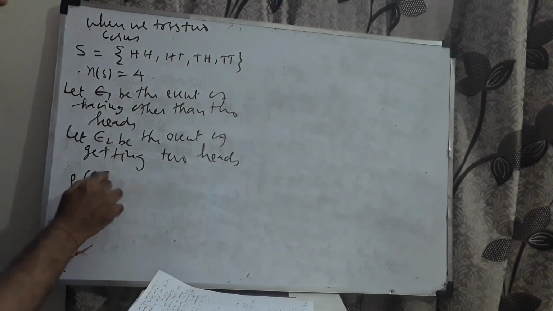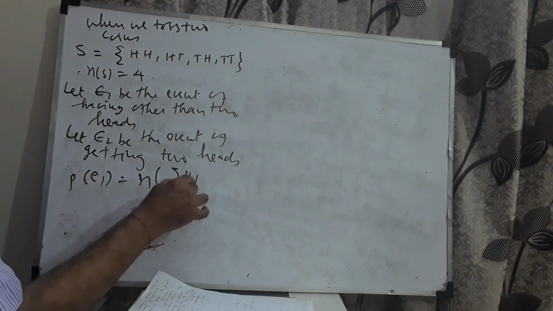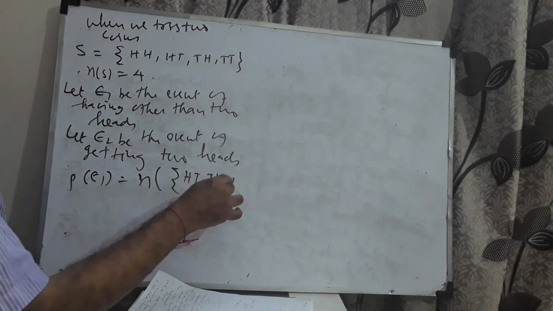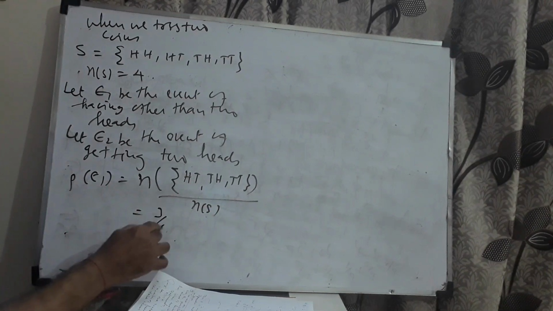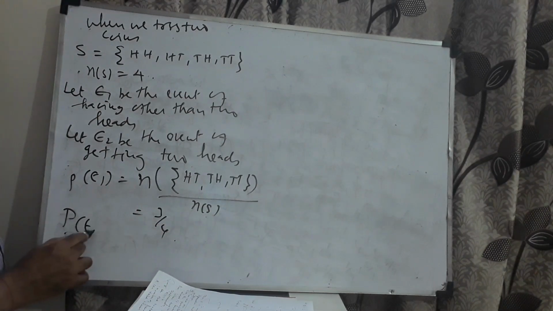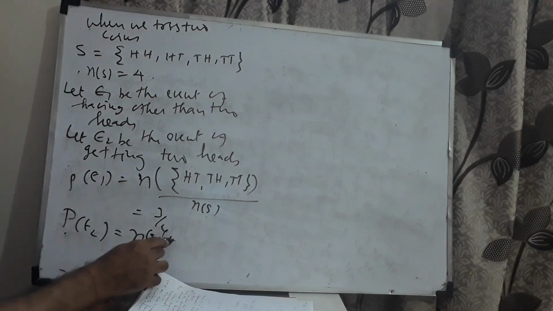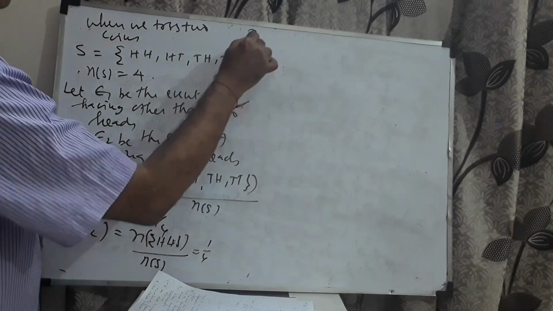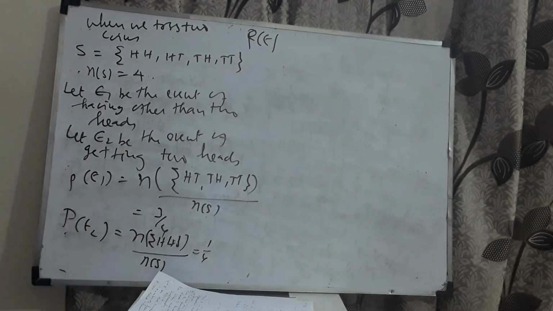Therefore, P of E1 is N of HT, TH, TT by N of S, which is equal to 3 by 4. P of E2, I am getting 2 heads, is N of HH by N of S, which is equal to 1 by 4.